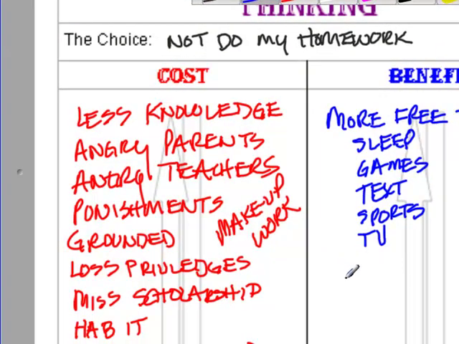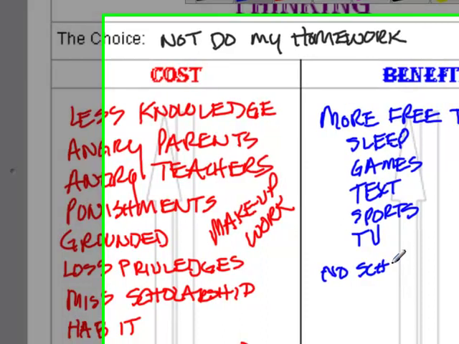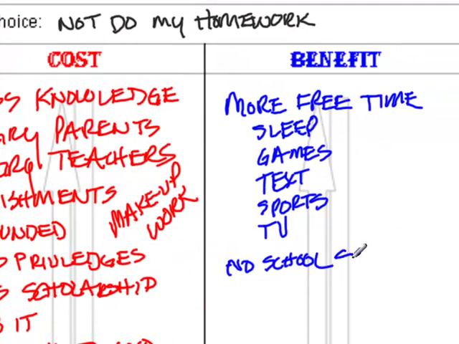Okay, what other benefits are there to not doing your homework? There got to be some, or everybody would do their homework. What? You could work at McDonald's. I don't think not doing your homework is going to allow that kind of time. What? You get a break from school. Okay, no school stress.